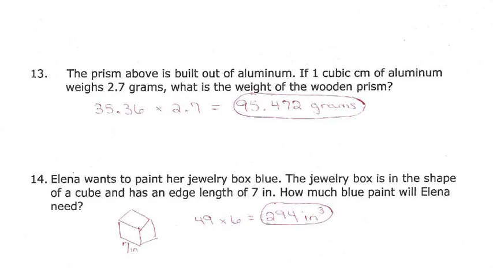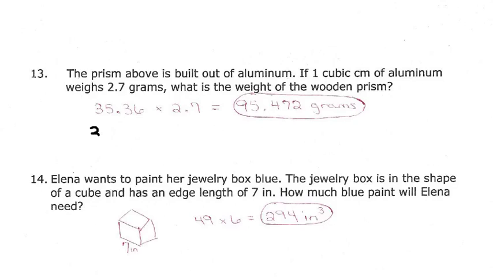For number 13, the prism above is built out of aluminum. If 1 cubic centimeter of aluminum weighs 2.7 grams, what is the weight of the prism? You take the volume, 35.36, and you multiply it by 2.7, and your answer is 95.472 grams.